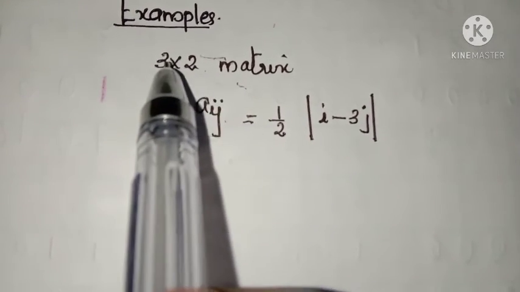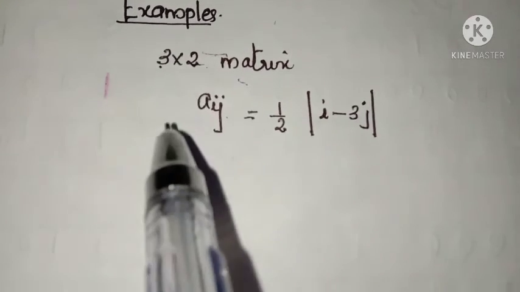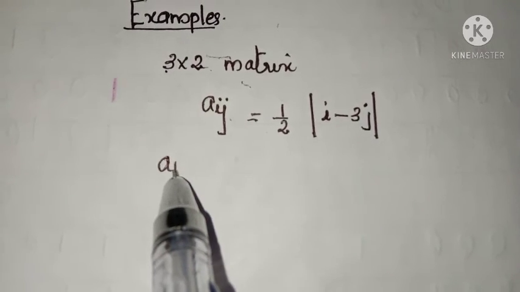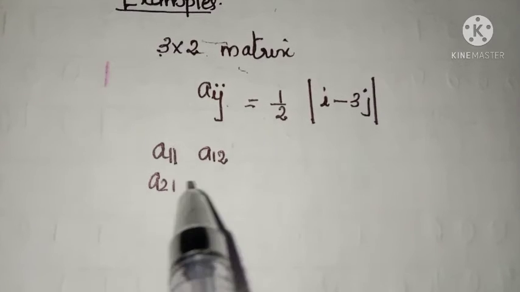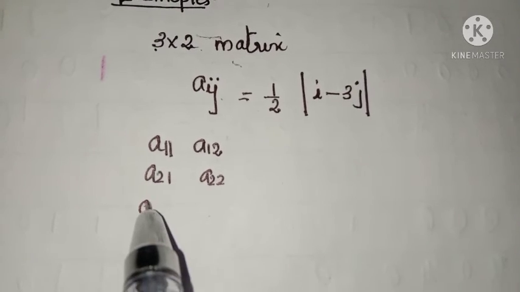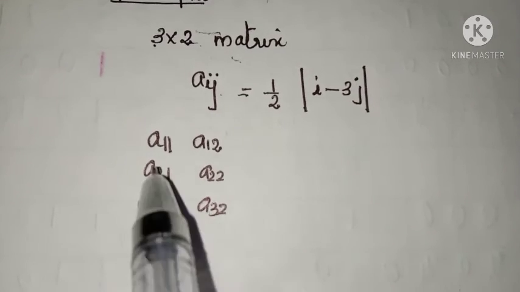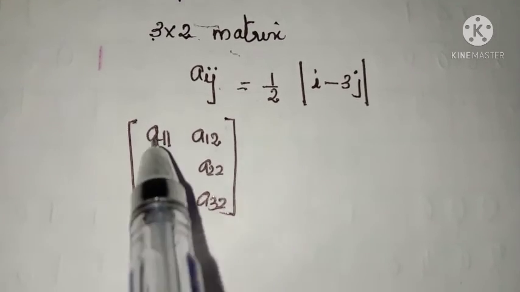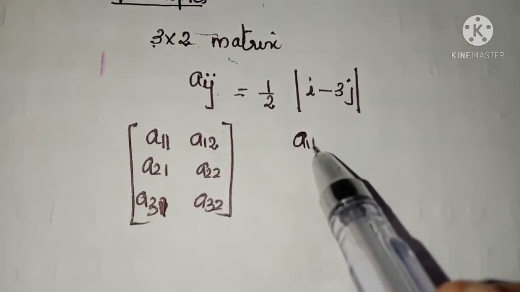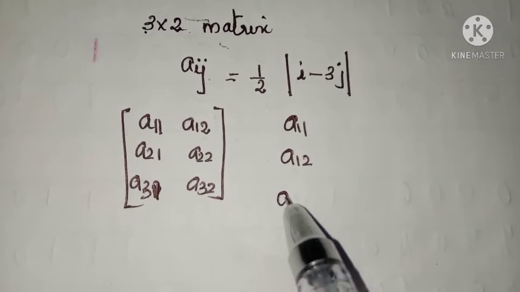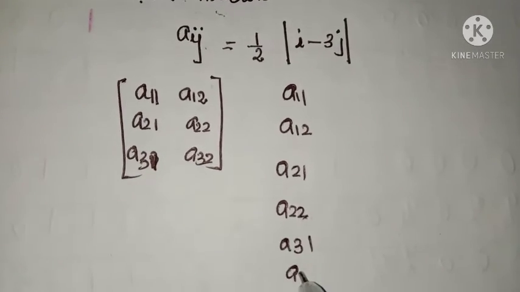A 3 by 2 matrix means there are 3 rows and 2 columns. So these elements can be expressed as A11, A12, A21, A22, A31, A32. So there are 3 rows and 2 columns, and we have to find A11, A12, A21, A22, A31, A32.